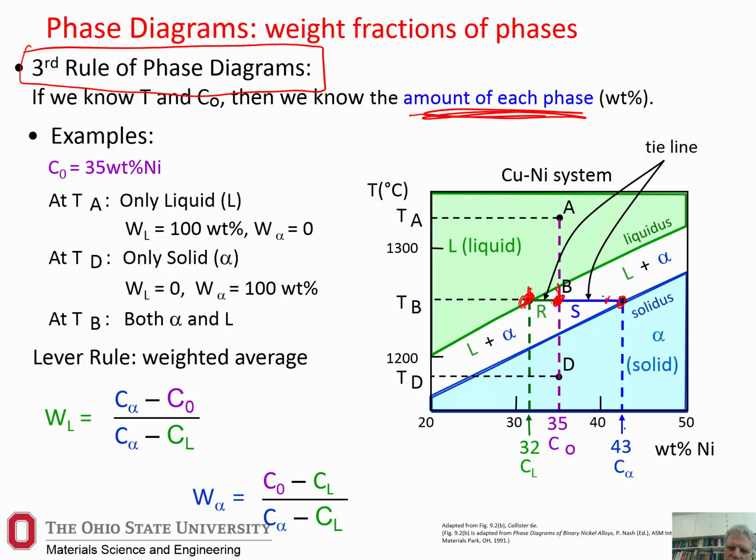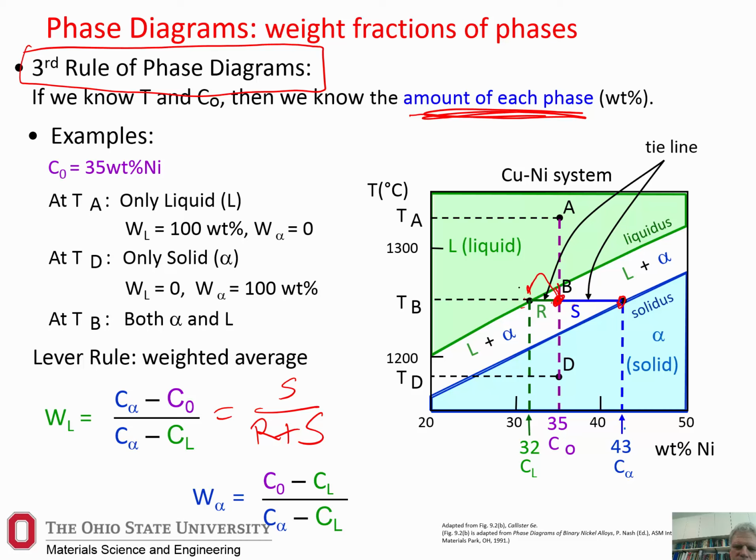Turns out what you can do is, for example, the percent of liquid is equal to this length S divided by R plus S. So if S is the same as R plus S, meaning this point goes all the way over to here, then it's all liquid. If S is really small, meaning the overall composition point is down here, it's going to be mostly solid.